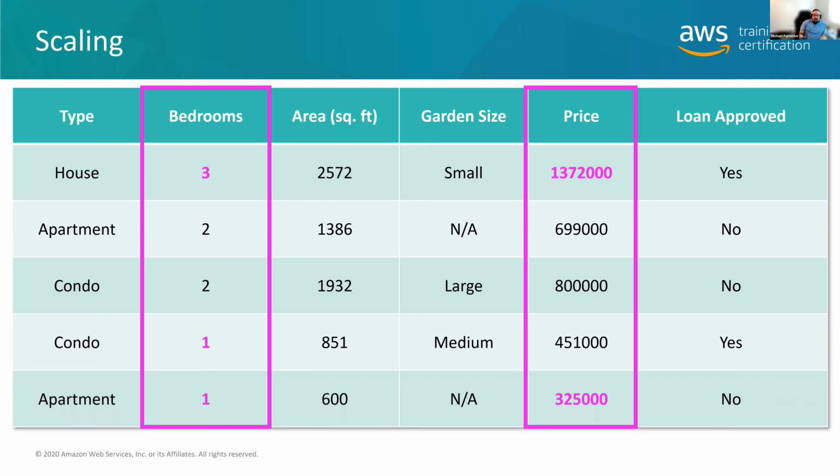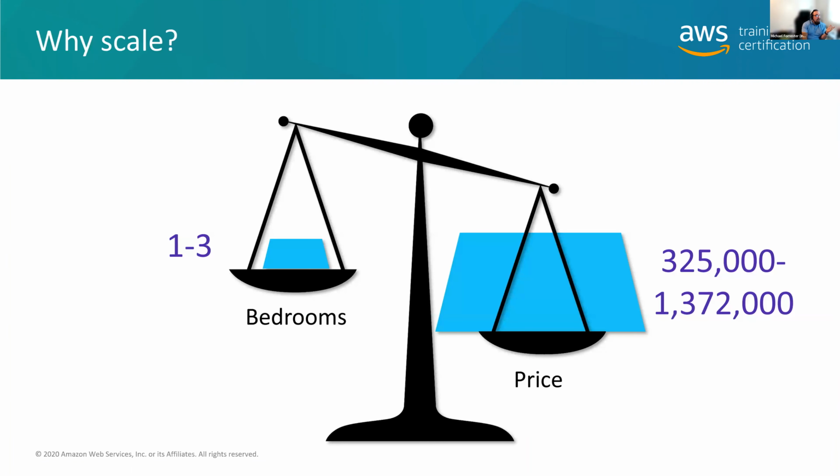So that's a huge difference in scale. And because it's so disproportionate, the model could give influence to the larger scaled variable, a variation of what I was talking about before. So price is perhaps going to have a heavier weight to it, right?